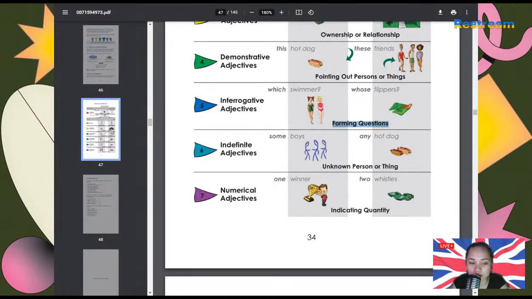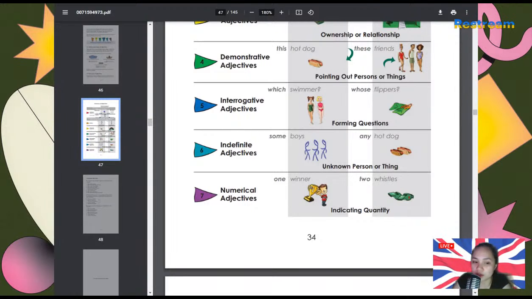For the second to the last, we have the indefinite adjectives. We use indefinite adjectives like some or any. This is for identifying a noun that is not specific. There is no given or proper noun for it, but just common nouns that we use.